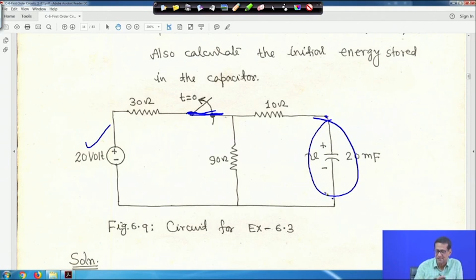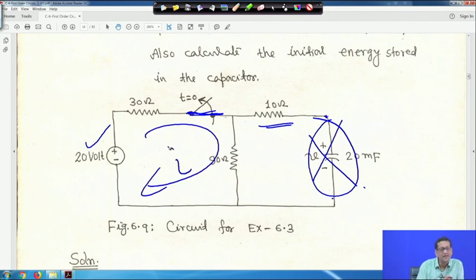In that case nothing is flowing in the 10 ohm resistance, and a current will flow through this only, right. If the capacitor acts as an open circuit, this is the voltage V across the capacitor, this is 20 millifarad.